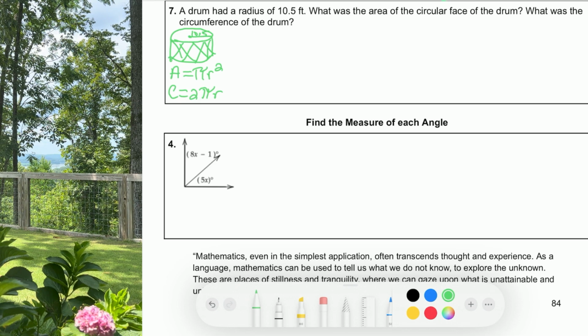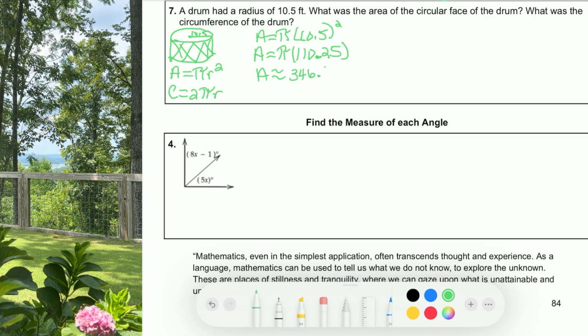Let's start with area. A equals pi r squared. Our radius is the r, so that's 10.5 squared. All right, so A equals pi times 10.5 squared is 110.25. Then we're going to multiply that times pi. All right, and we're going to get roughly 346.19.